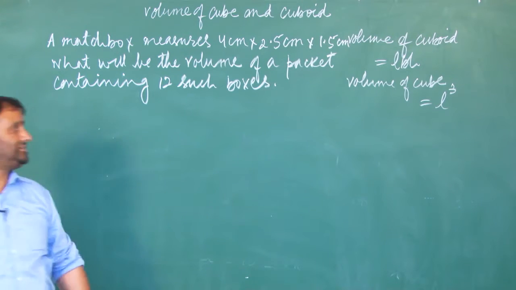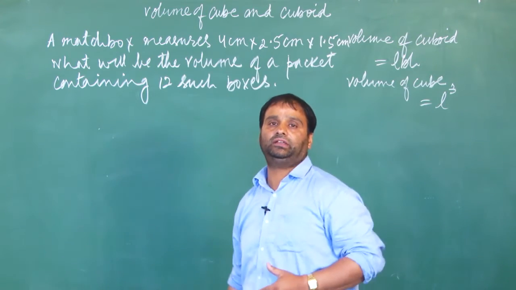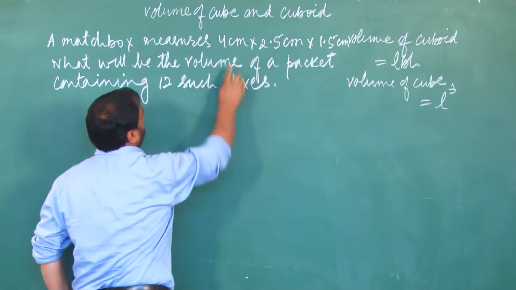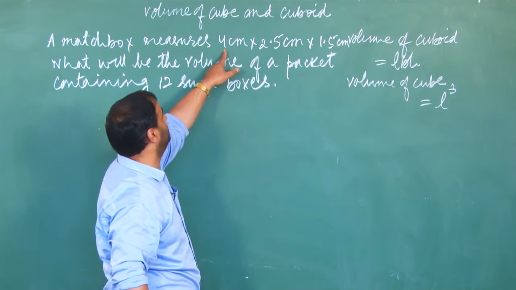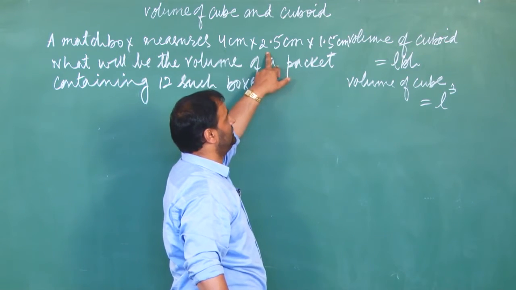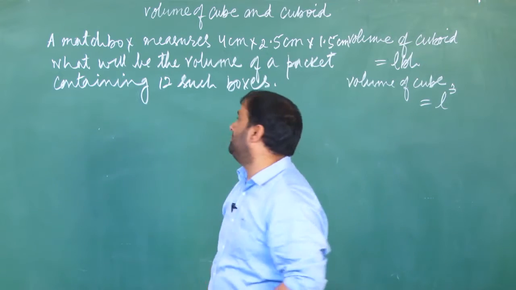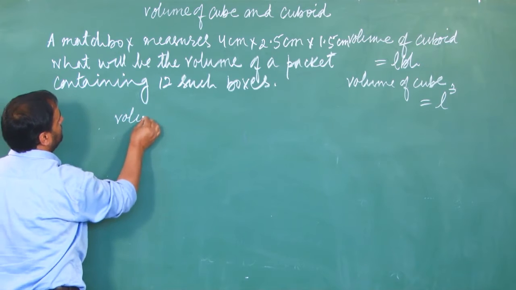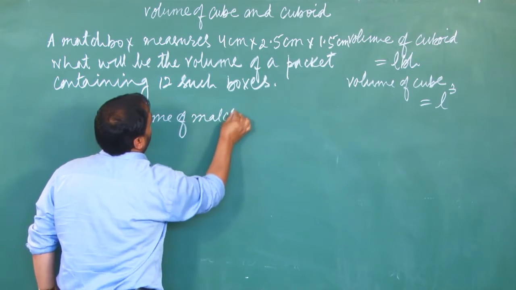Now, this is the simple question of a cuboid, where a matchbox is given with varied length, breadth and height. We can take it in uniform sequence, that 4 centimeter might be the length, 2.5 centimeter is the breadth, and 1.5 centimeter is the height of the matchbox. So straight away we can find the volume of the matchbox which is of a cuboidal shape.